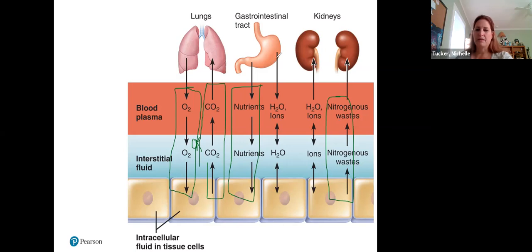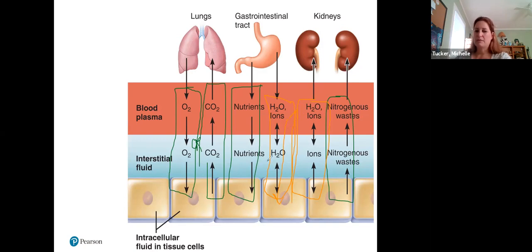When we get to water and ions, they are going to be bidirectional. So ions, if you remember, like with sodium, we are going to use that concentration gradient to co-transport things into cells. And then we have that ATP pump that pumps sodium back out. So sodium goes into cells, and then it gets pumped back out of cells.